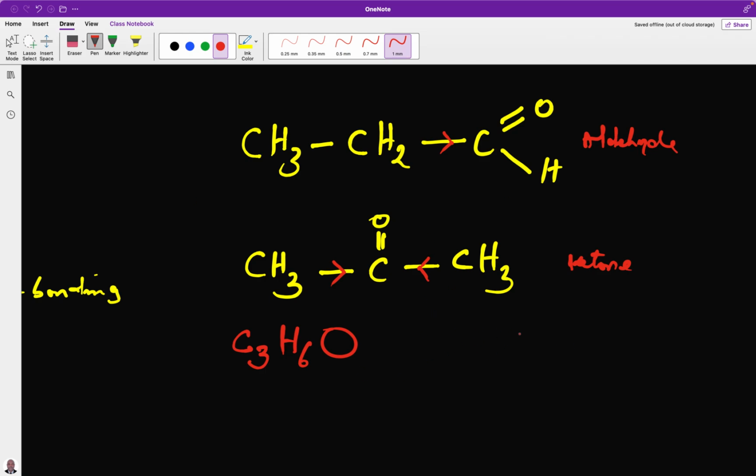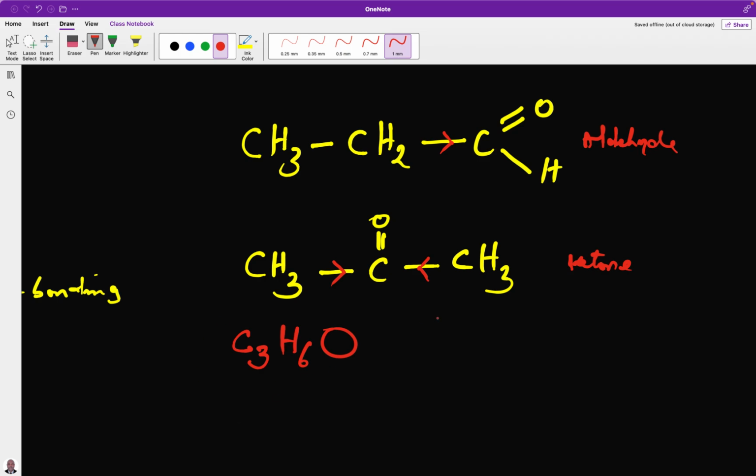In ketones, the alkyl groups donate electrons to the central carbon, the carbonyl carbon, and the electrons are then taken away by the oxygen. That makes the oxygen of the ketone have more negative charge than the oxygen of the aldehyde. In other words, the carbon-oxygen bond in ketones is more polar than the carbon-oxygen bond in aldehydes.